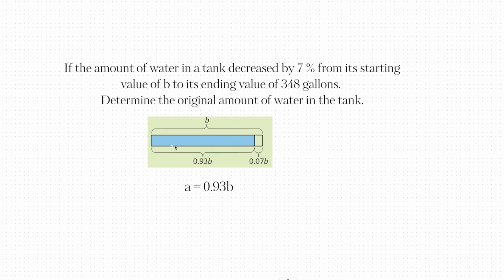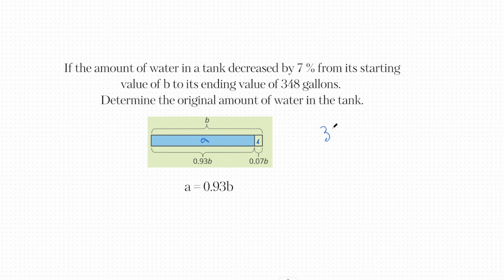Look at the diagram. The whole thing is B when it's full. But we lost 7%, which is this part. Now we have the blue part, which is 0.93B, which we're going to call A.